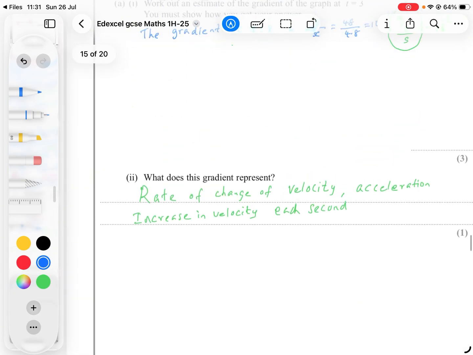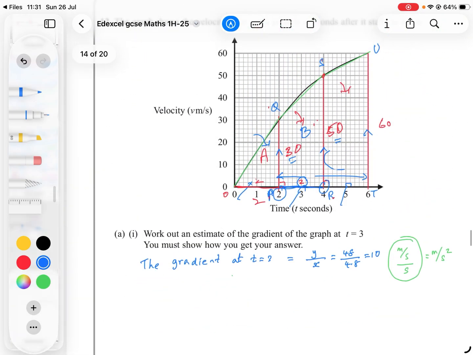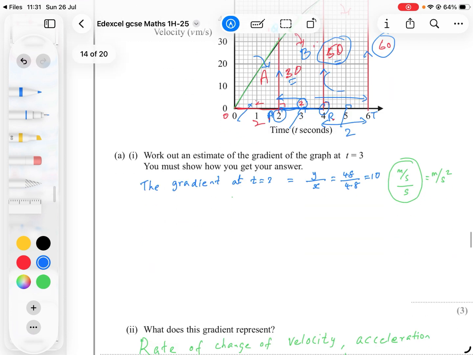Plus area of C: the parallel sides are 50 and 60, you add them, then the gap is also 2, divided by 2.